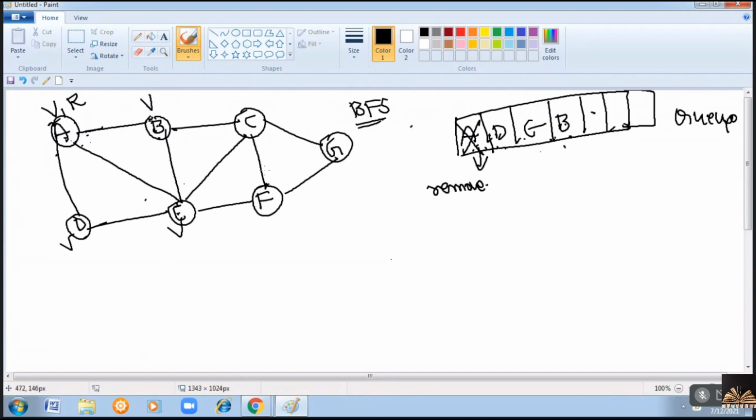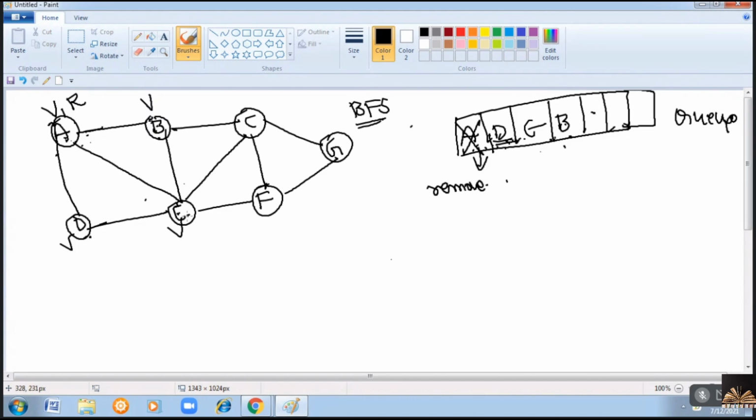Next step is you consider D as your starting point. Consider vertex D. Visit all its adjacent vertices which are not visited and insert them into the queue. Once they are inserted, you can remove D. Clear? Now, you have considered D. What are the adjacent vertices of D?